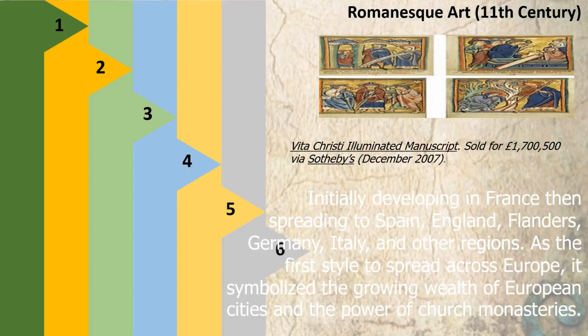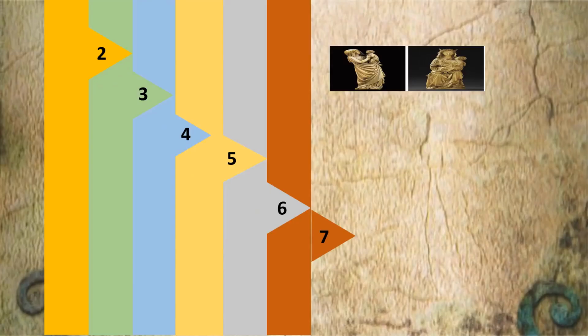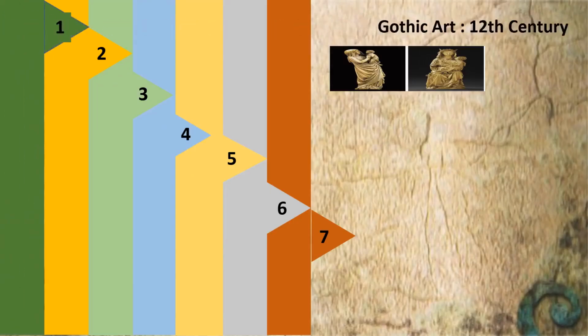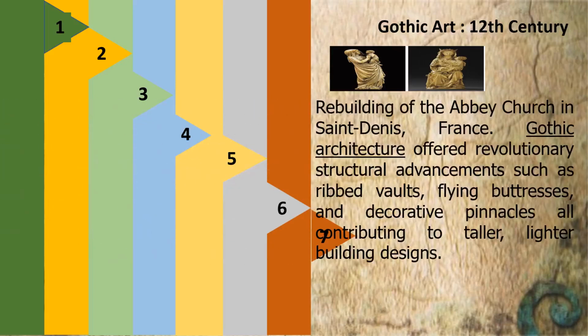We also have Gothic art in the 12th century. This originated with the rebuilding of the Abbey Church in Saint Denis, France.